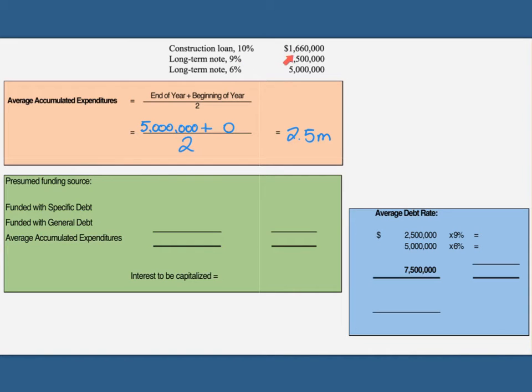And the total of it was $1,660,000. So that's the first source of debt we're going to plug in as one of our funding sources. It's going to be $1,660,000. Multiply by the 10% to figure out what the interest amount that needs to be capitalized is, and that's going to be $166,000.